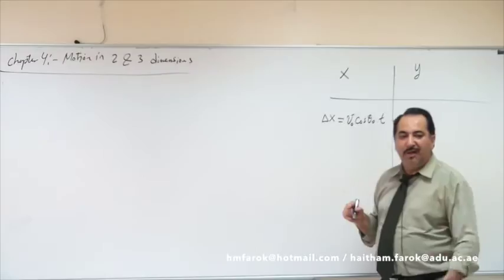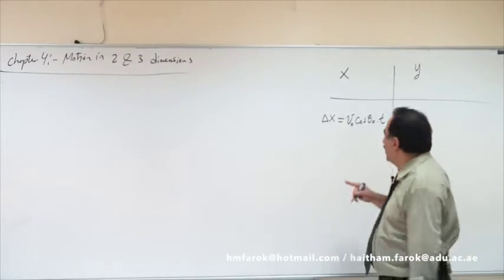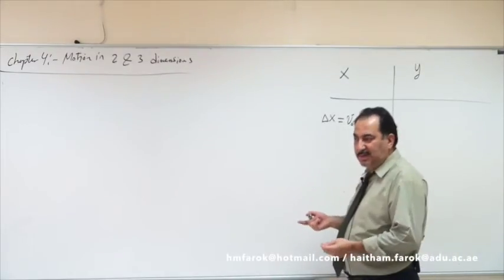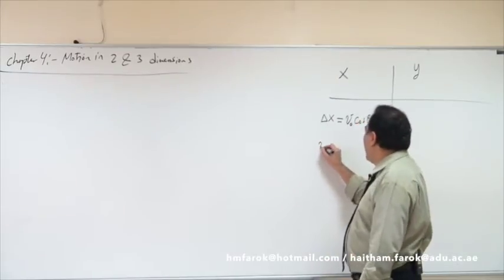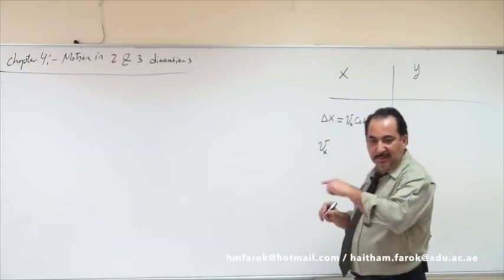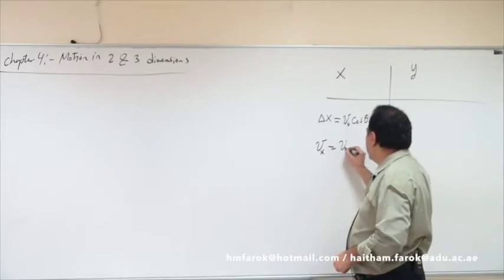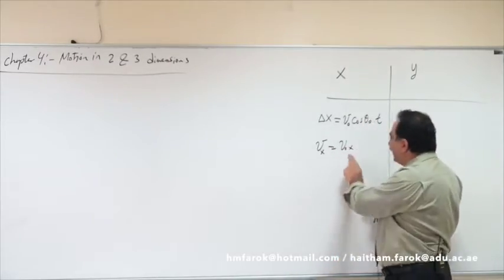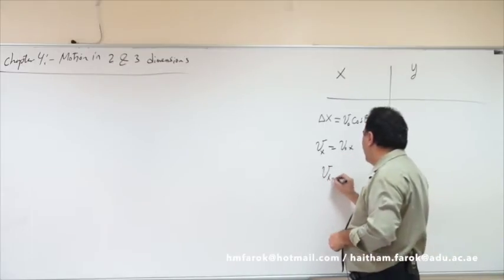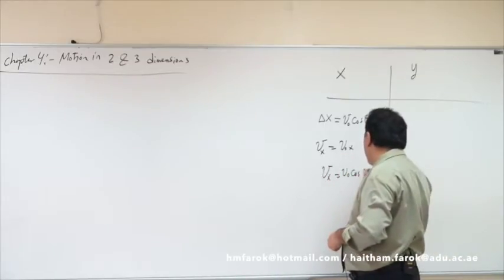What else do we have? We have one statement horizontally, which says that because there is no acceleration in X, final velocity in X at any point is equal to initial velocity. And remember, initial velocity means V naught cosine theta naught.